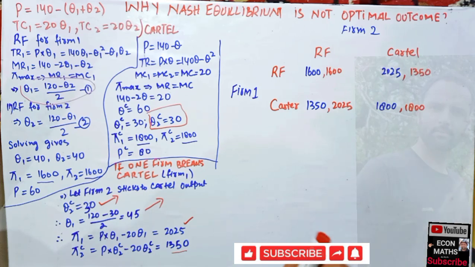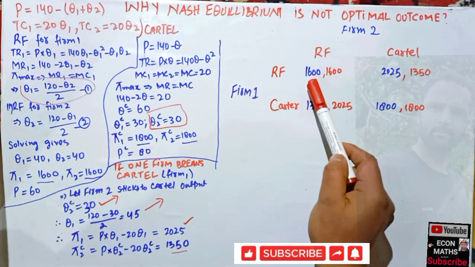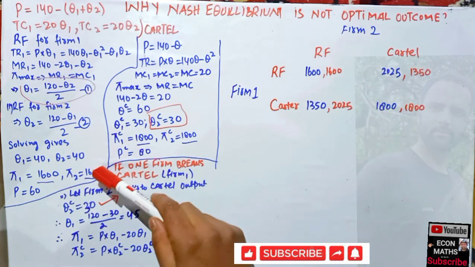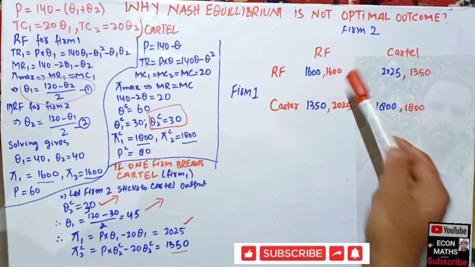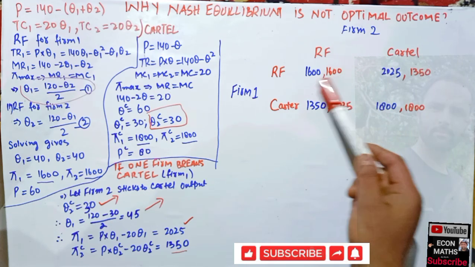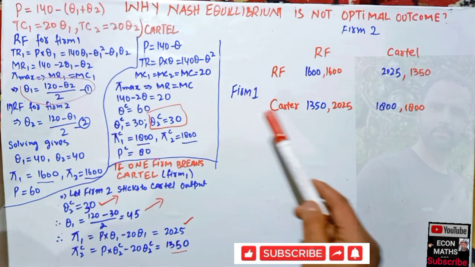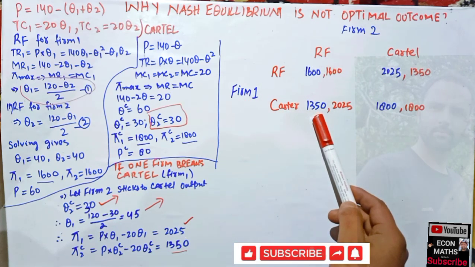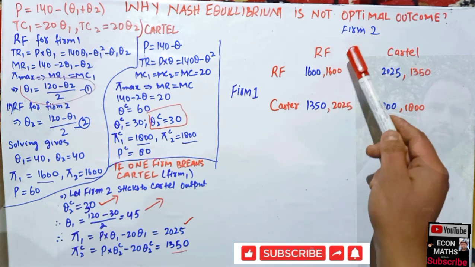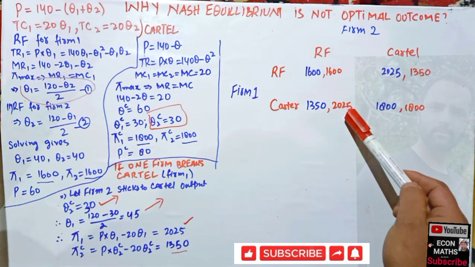Now as we have seen, if firm 1 chooses to produce according to the reaction function, he gets 1600, and if firm 2 also chooses to produce according to the reaction function, he or she gets 1600 profits. Both get 1600. If firm 1 chooses to produce according to the cartel, he will get only 1350, and if firm 2 chooses to produce according to the reaction function, he will get 2025.